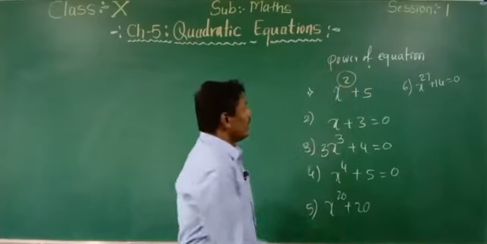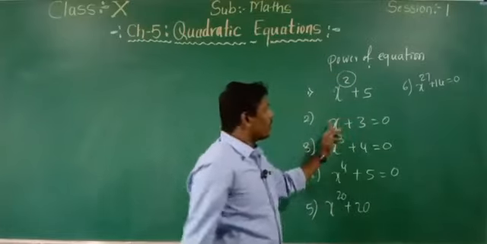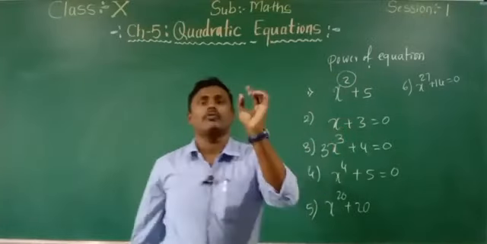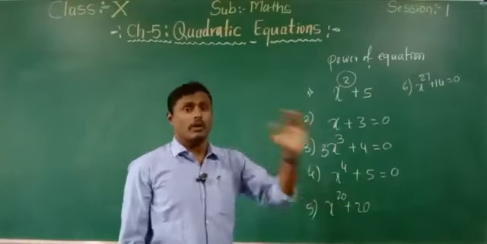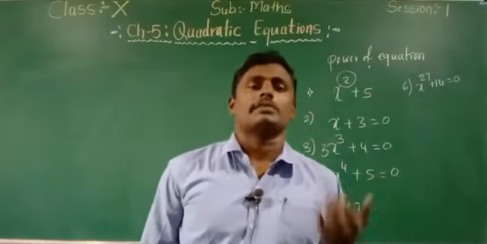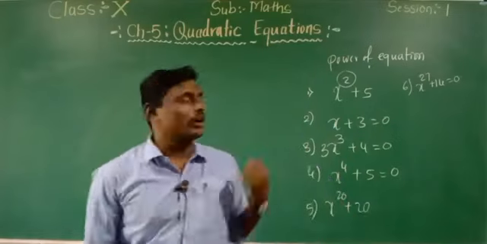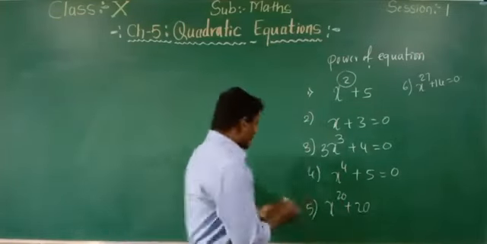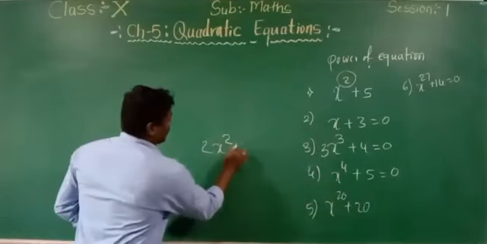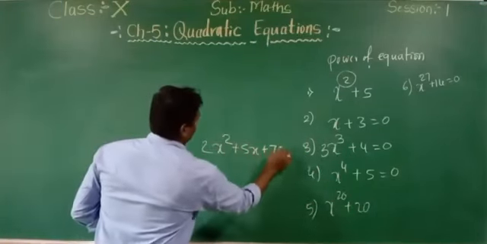Highest exponential power of the variable is called the power of the equation or power of the polynomial. Suppose I take 2x square plus 5x plus 7 is equal to 0.